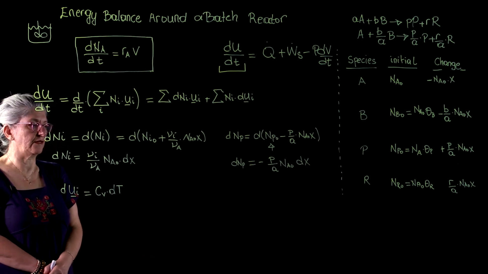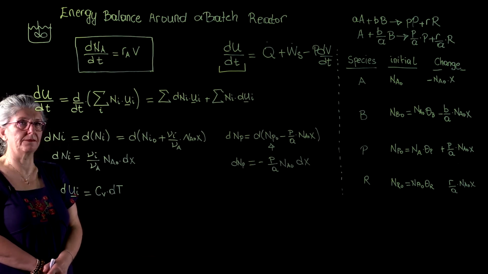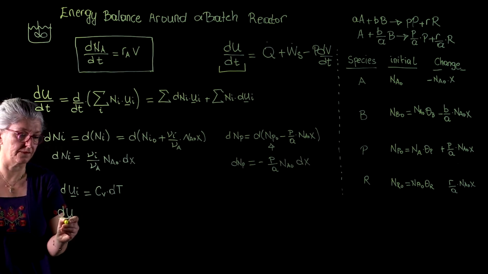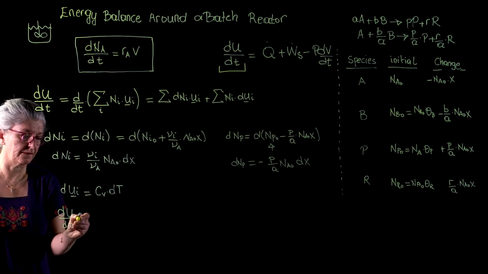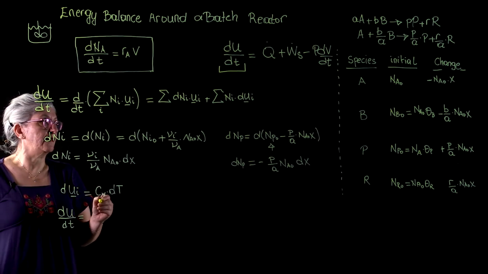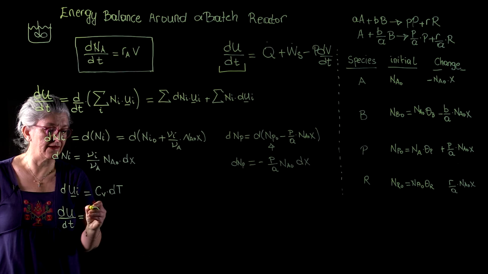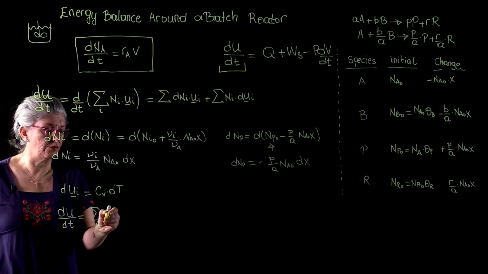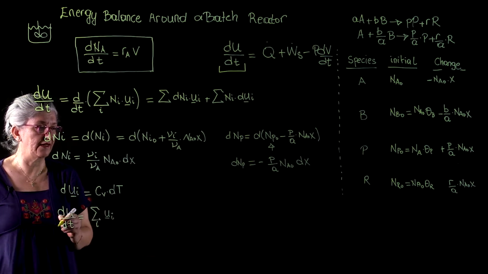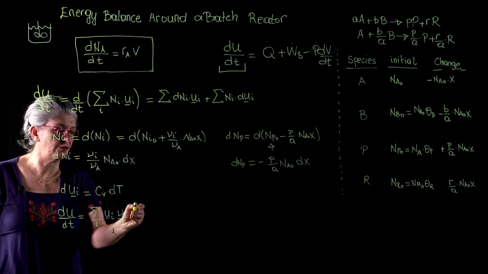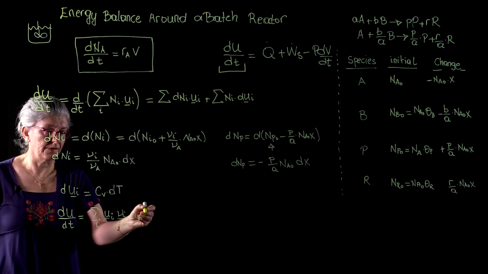So we collect them together to obtain dU/dt to be equal to the summation over all species of u_i times dN_i, which is nu_i over nu_A times N_A0 times dX.